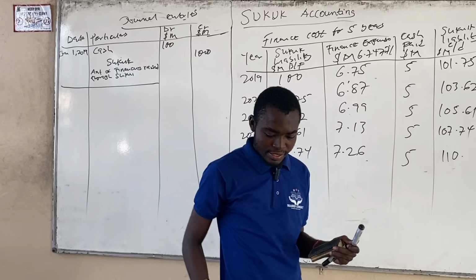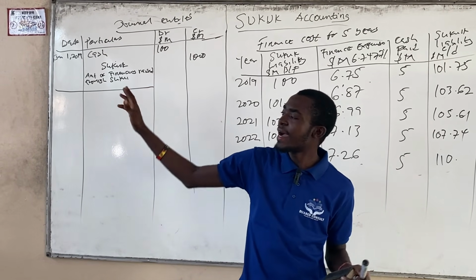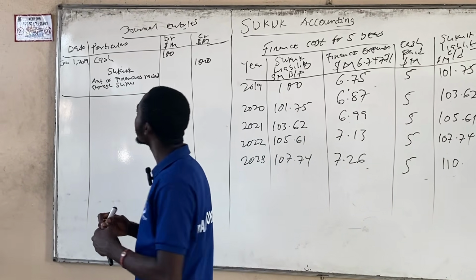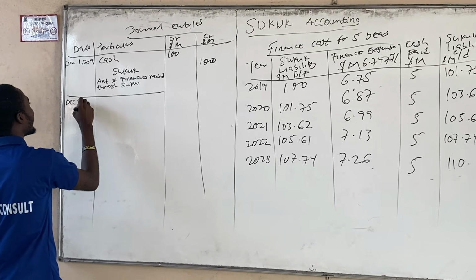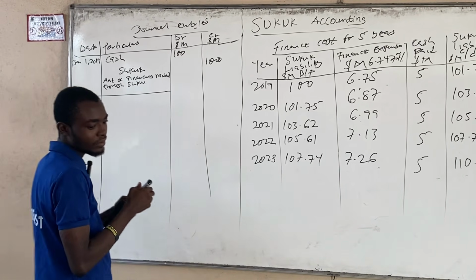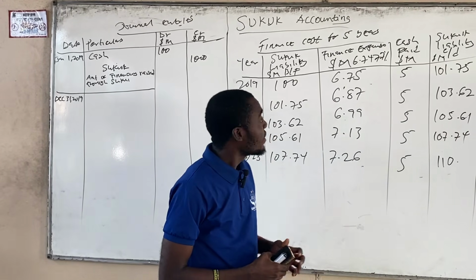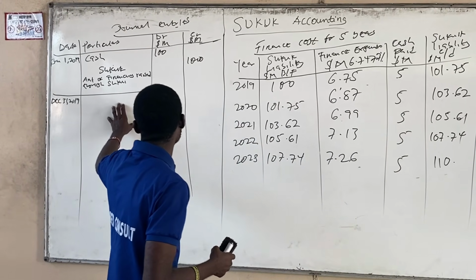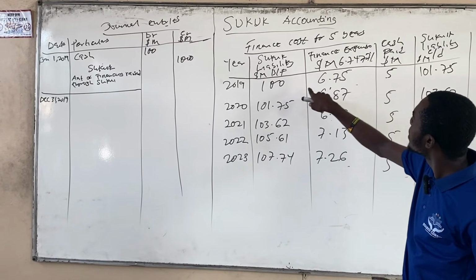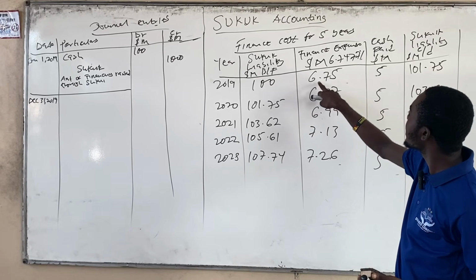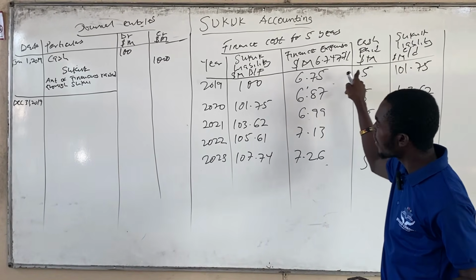So the next transaction will be the interest that the originator will be paying at the end of the accounting year, which is 31st December 2019. This transaction will be affecting the Sukuk account. So for 2019, the originator is entitled to pay a finance expense of 6.75, but he paid only 5.